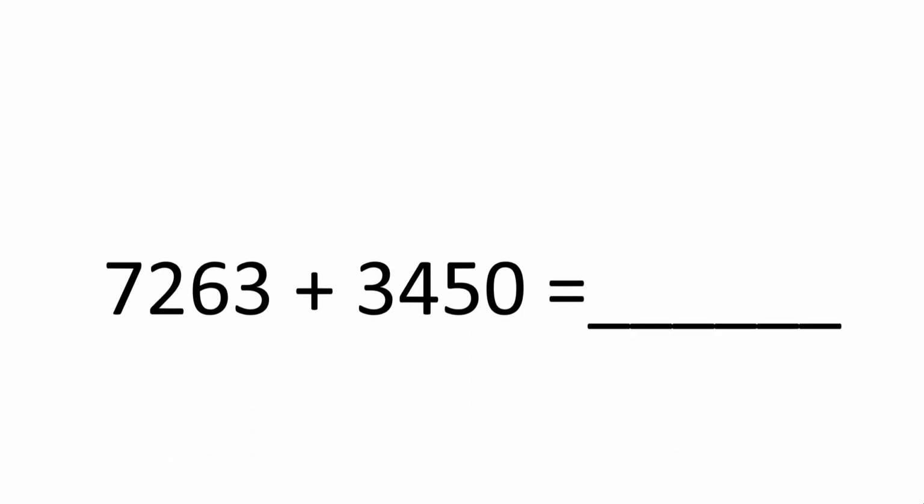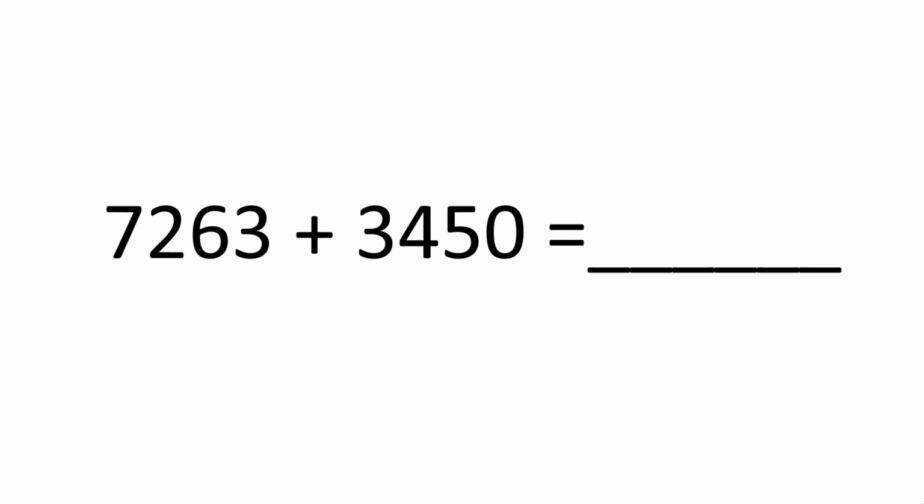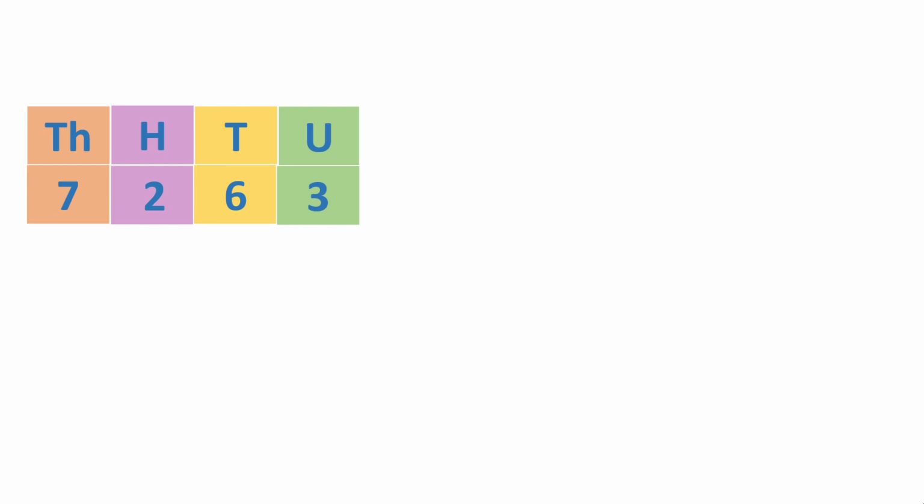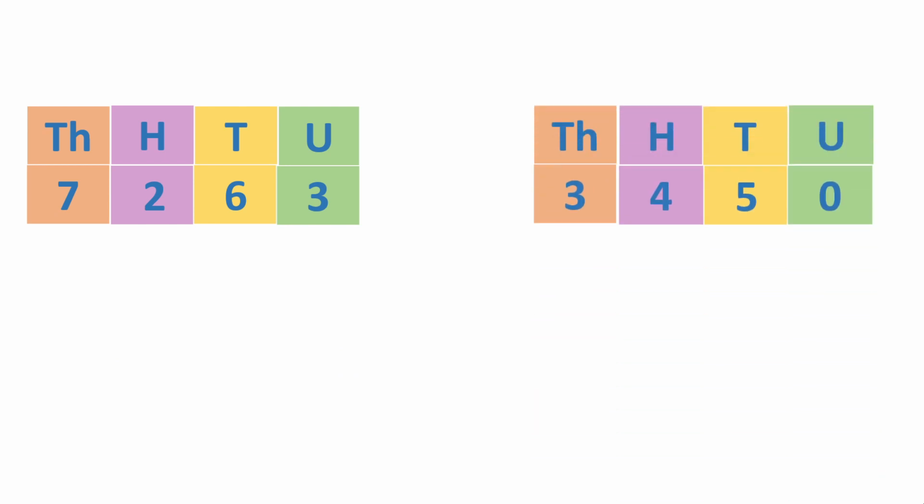We shall add the numbers horizontally by visualizing the place of each digit. Let's do it by putting them in colorful boxes now. Here I have arranged 7,263 and 3,450 like this.